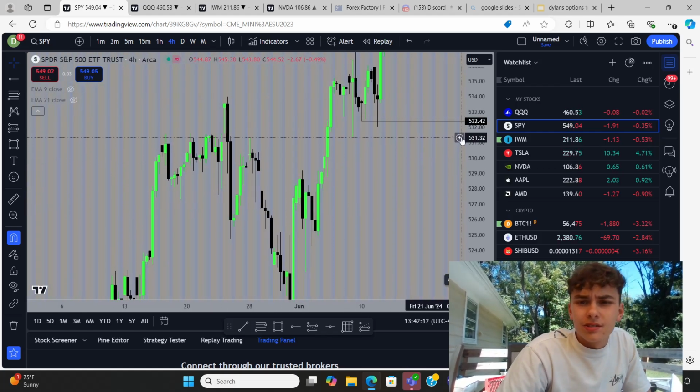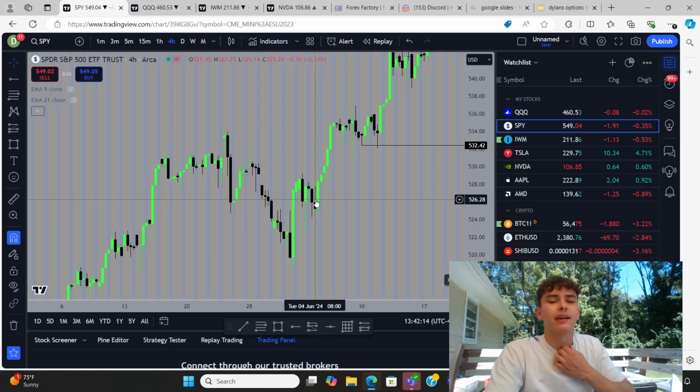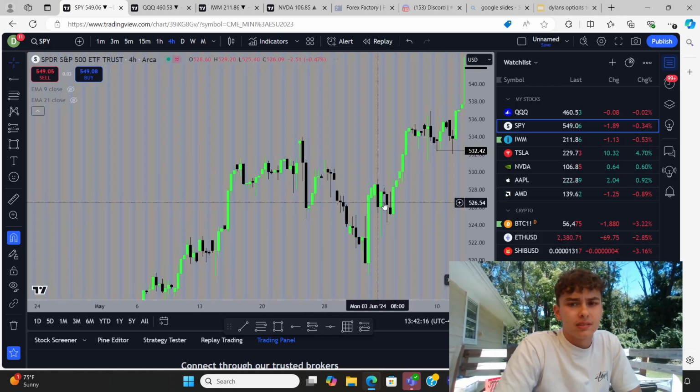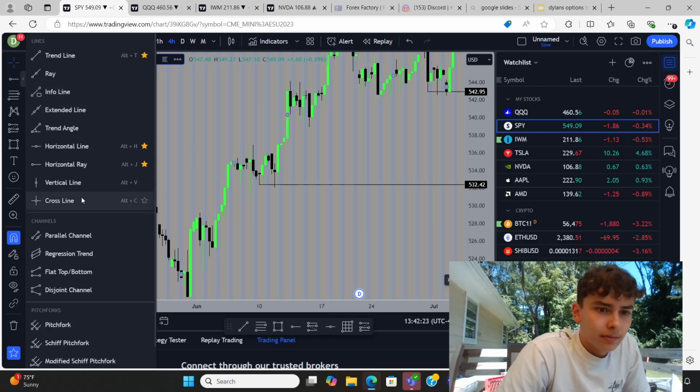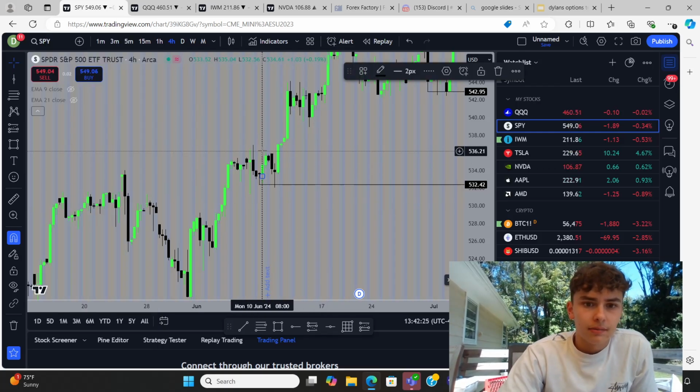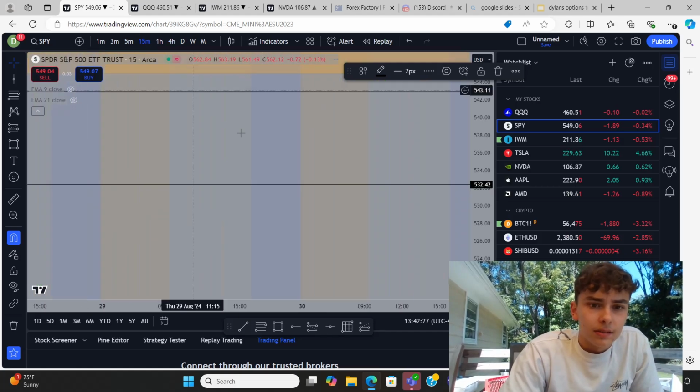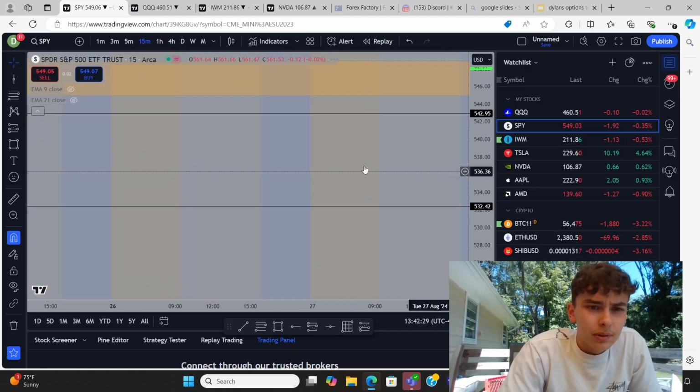This is the greatest strategy, like the greatest entry point, because you could see a high time frame liquidity sweep, right? Let's just play this out real quick. Let's just say right here, boom. So you can see a high time frame liquidity sweep.